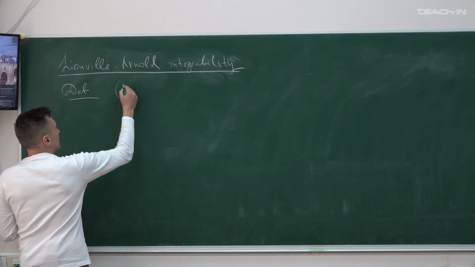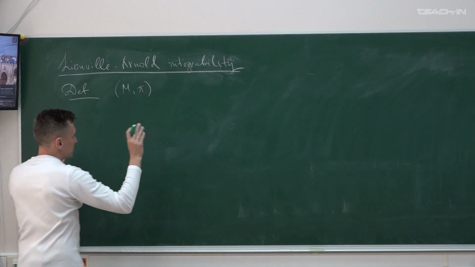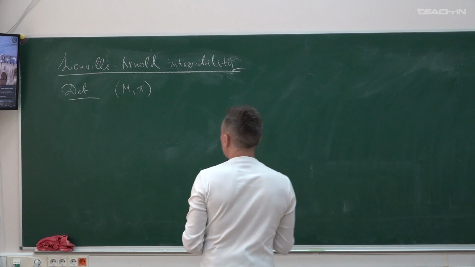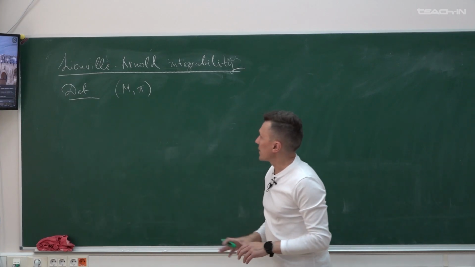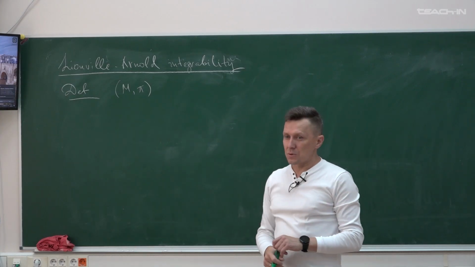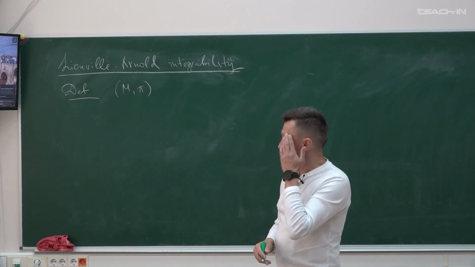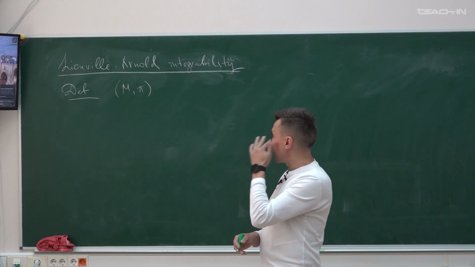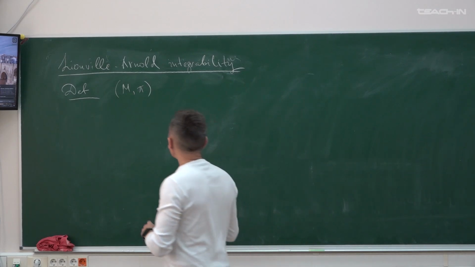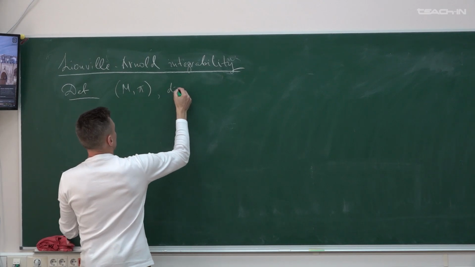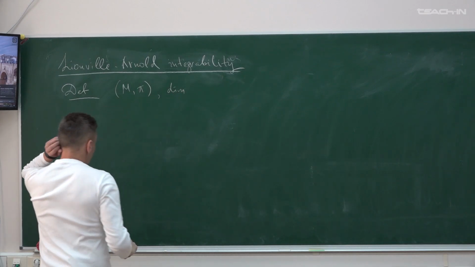So we consider a Poisson variety. Please think about it as you like. So a general Poisson variety, or just an affine space Rn with a bivector. The dimension, I'm sorry.